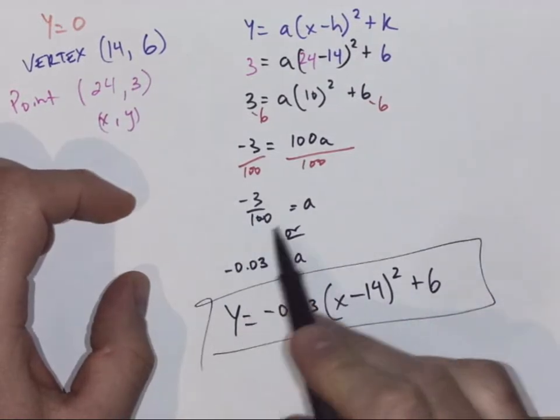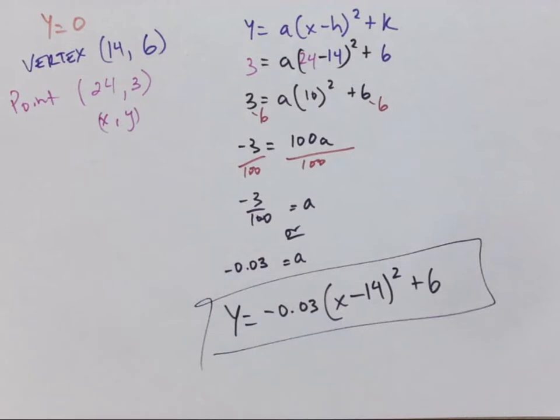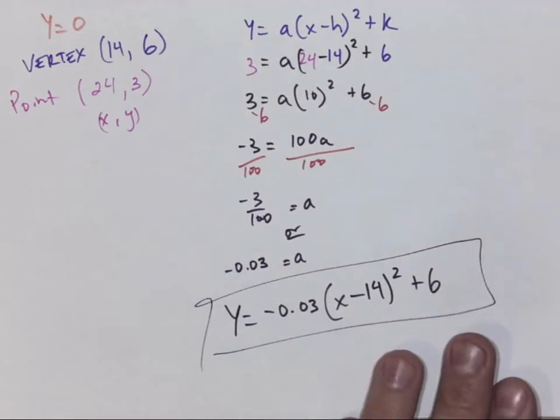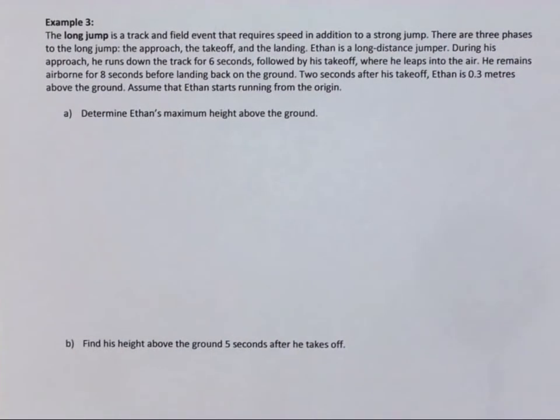And again, we can use negative 3 over 100 if need be, or if you feel like it. Let's do 1 or 2 examples from the back, but applying it, here we go.